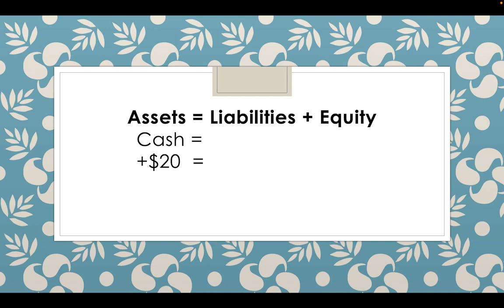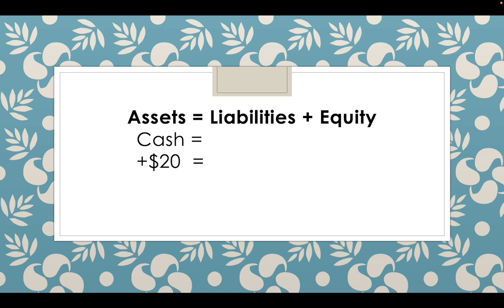The addition of $20 into the cash account without doing something else will throw the accounting equation out of balance, and thus the left side will not equal the right side, and that's an error because the left side has to equal the right side, always and forever.